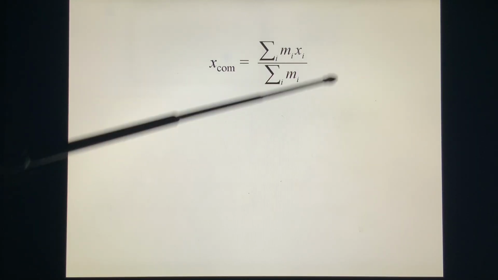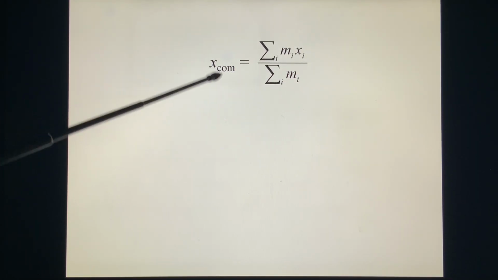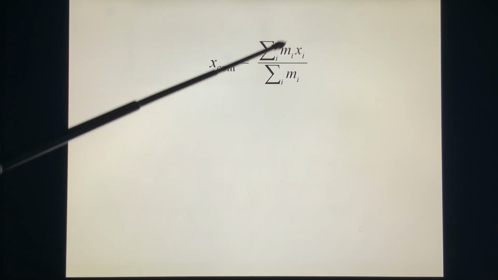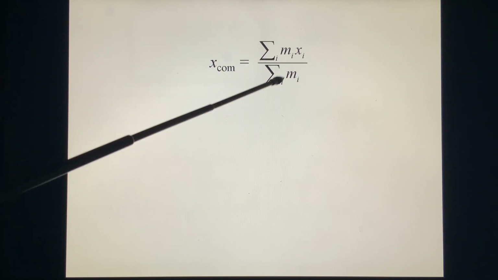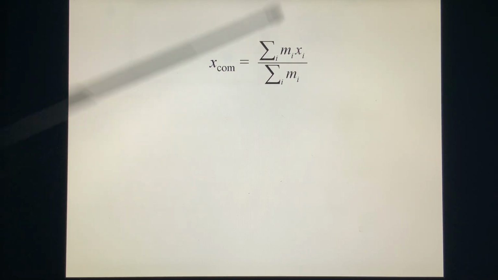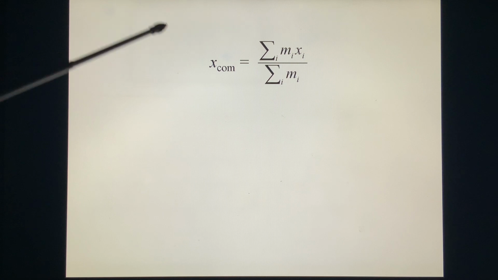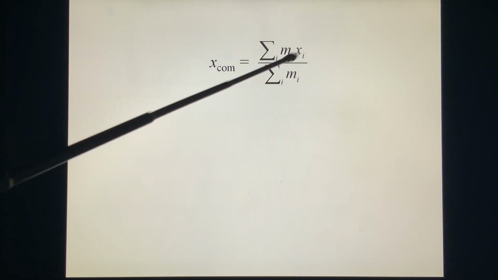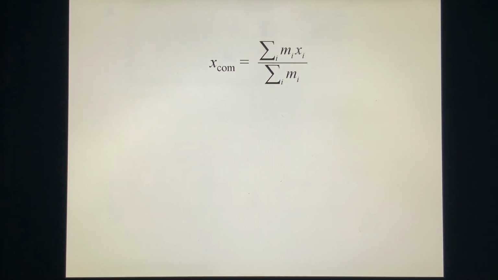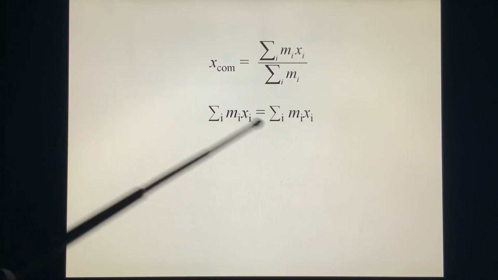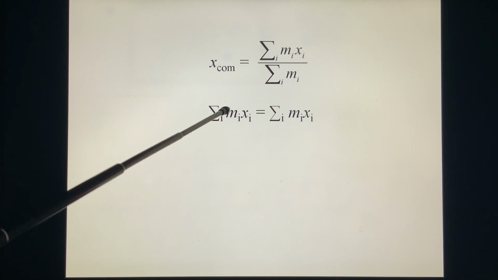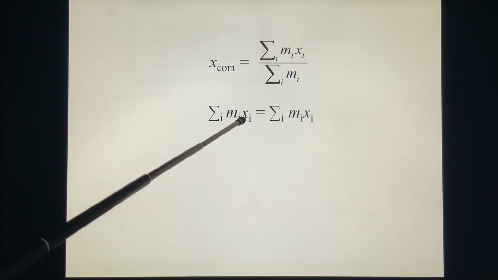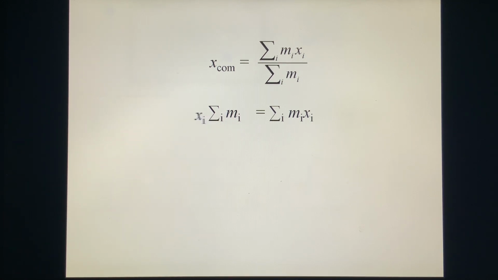Now let me explain how I remember this formula. This is the basic formula: x equals sigma mi xi over sigma mi. From this formula, we could extend to y, z, and to the integration of dm and so on. How do I remember it? I just write the equation sigma mi xi equals sigma mi xi. I move this x out.